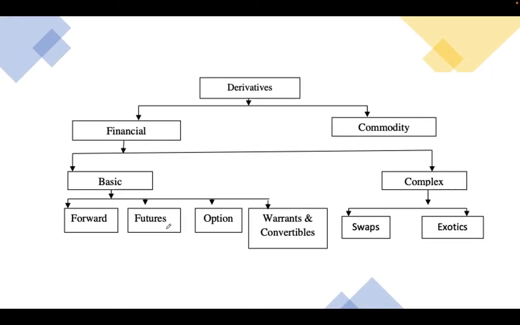So, when it comes to derivatives, we have two types of derivatives. One is financial derivative, another one is a commodity derivative. So, in financial derivatives, we have basic and complex.